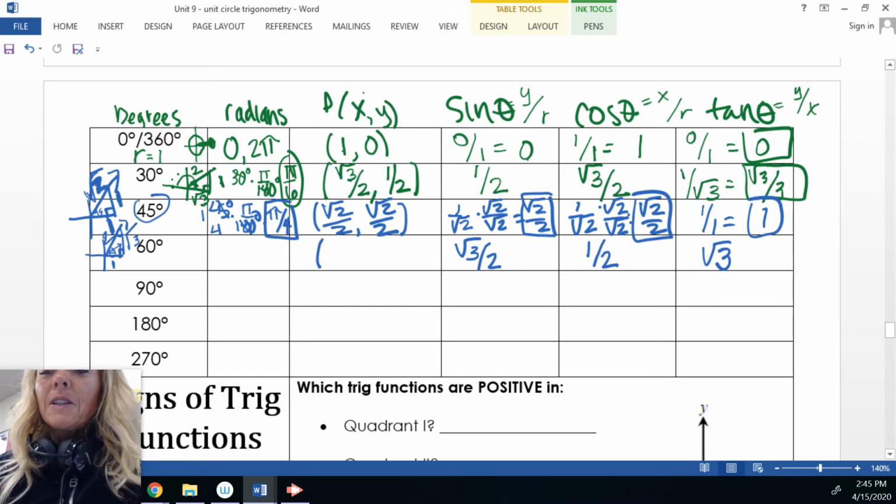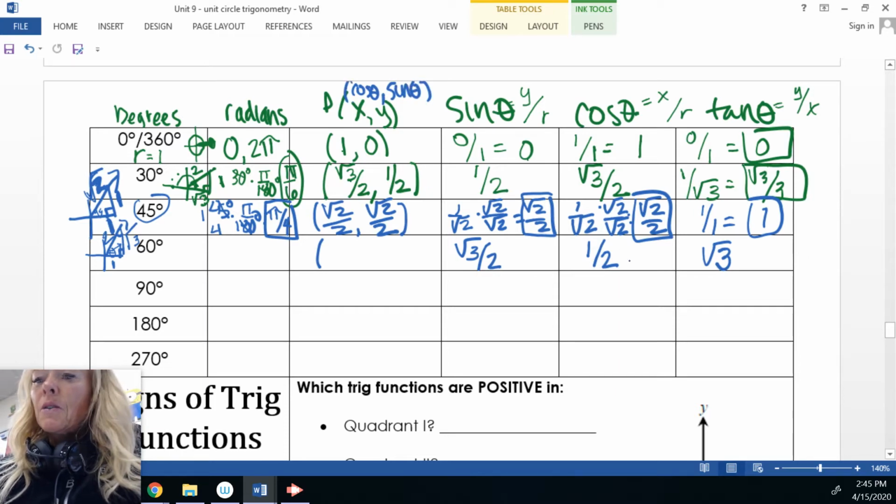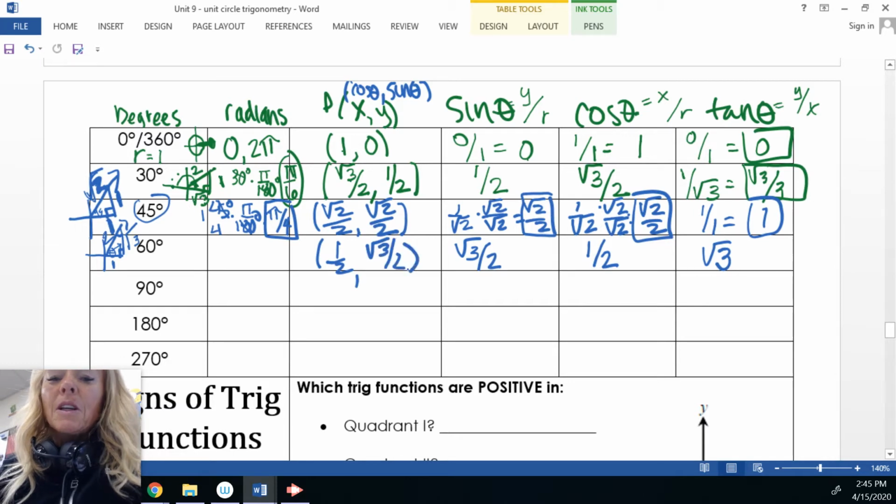So this xy is cosine theta, sine theta, remember? So cosine is 1/2, sine is radical 3 over 2. And then we take 60 and multiply it by pi over 180. 60 goes into 60 once and into 180 three times, so that makes pi over 3.